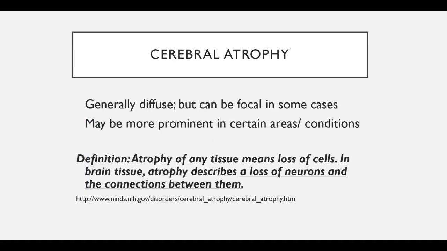A word again about cerebral atrophy, as we said that it can be diffuse, generally diffuse, mostly diffuse, but there are a few cases where it may be more focal or more prominent in certain areas.